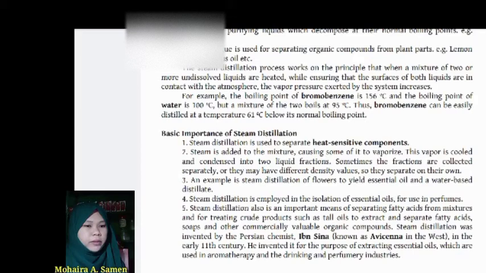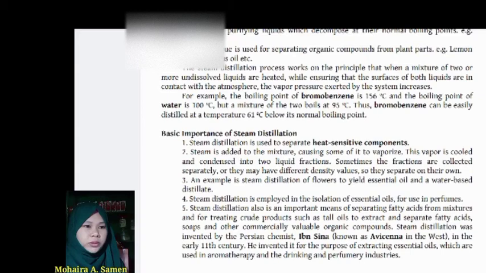For example, the boiling point of bromobenzene is 156 degrees Celsius and the boiling point of water is 100 degrees Celsius. But the mixture of the two boils at 95 degrees Celsius. Thus, bromobenzene can be easily distilled at a temperature of 61 degrees Celsius below its normal boiling point.